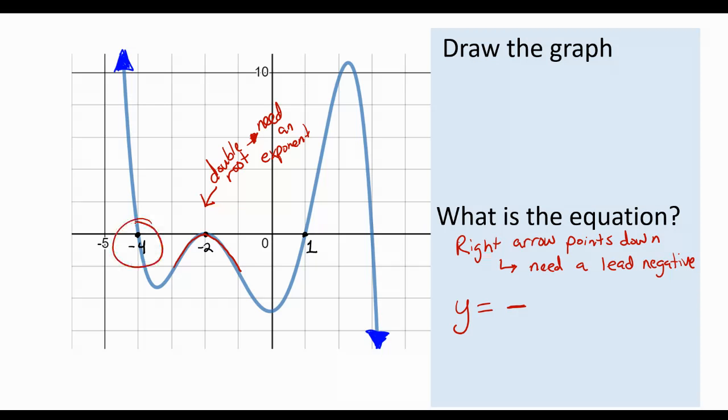So here we go. So this one, you put them in opposites, so x plus 4. This one's a double root, x plus 2 squared. Make sure you have the little 2 up there. And the last one's right here, x minus 1, because you take the opposite sign of these x-intercept numbers, which we went over before.